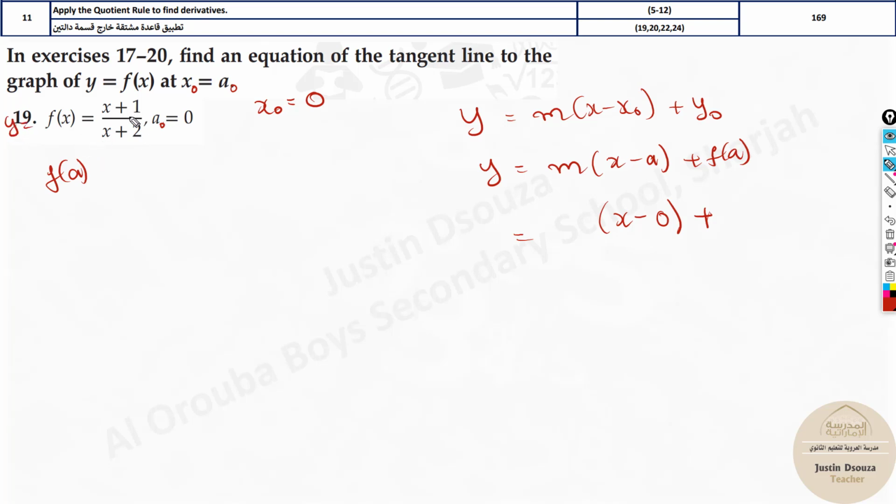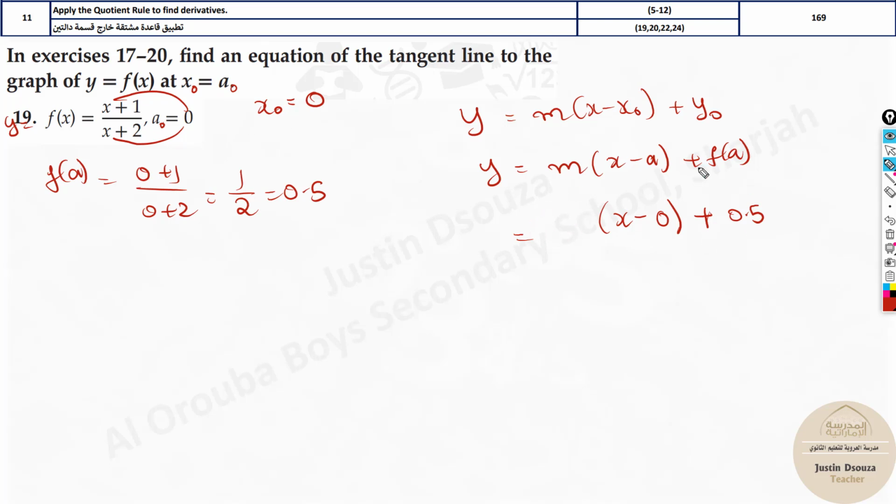Just substitute the given value. Instead of x, just substitute this value over here. So what happens? It will be 0 plus 1 divided by 0 plus 2, that is 1 by 2, that's half, or 0.5. So f of a value is 0.5 basically. Whatever is given, just substitute in the equation and then solve it.